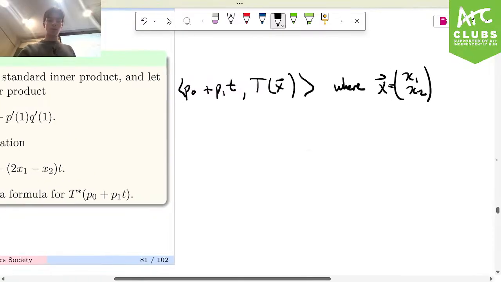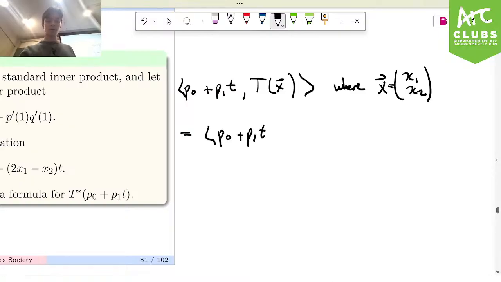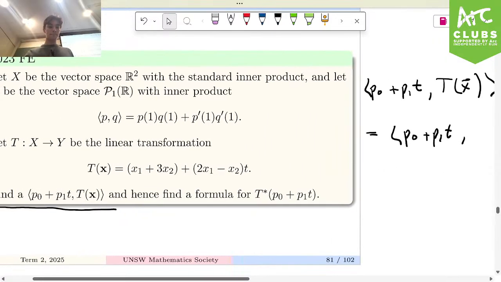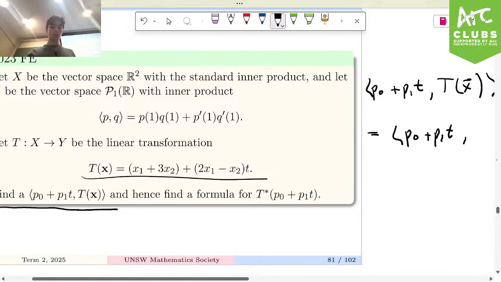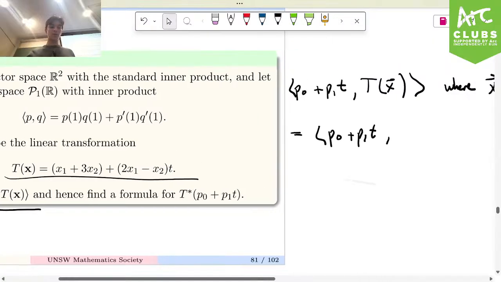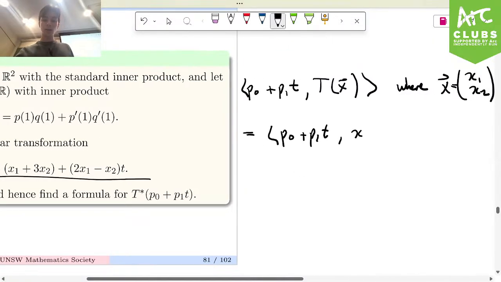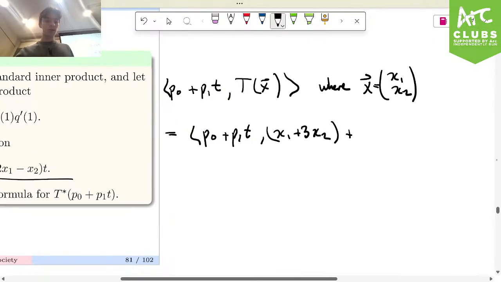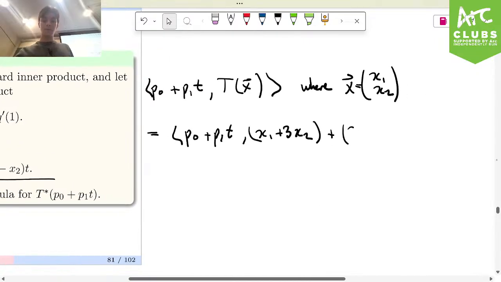So this is going to equal the inner product of p0 plus p1t with the transformation of x through T, which we're given here as well. It's x1 plus 3x2 plus 2x1 minus x2 t.